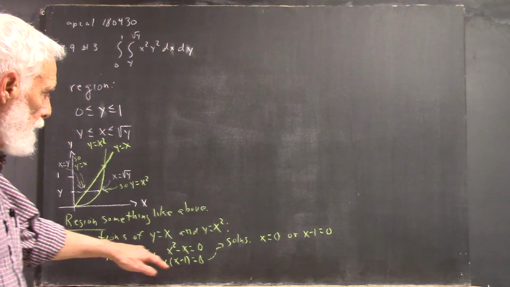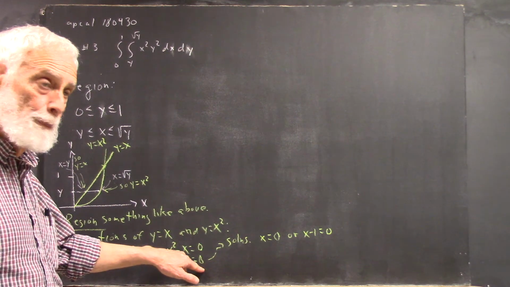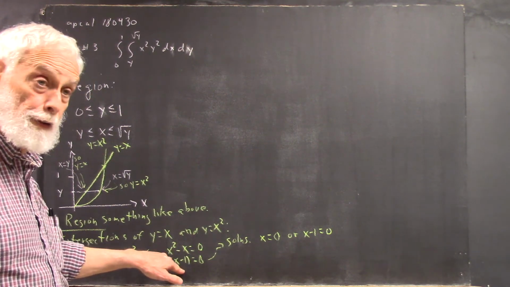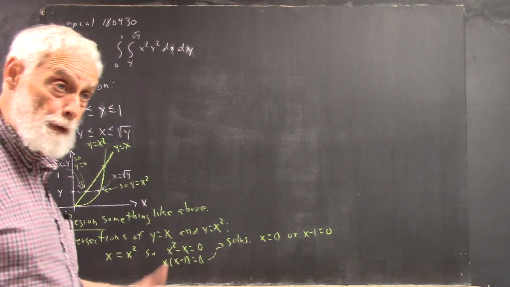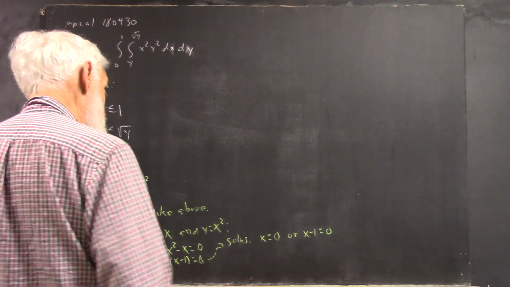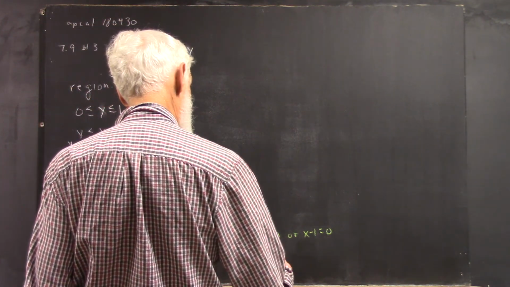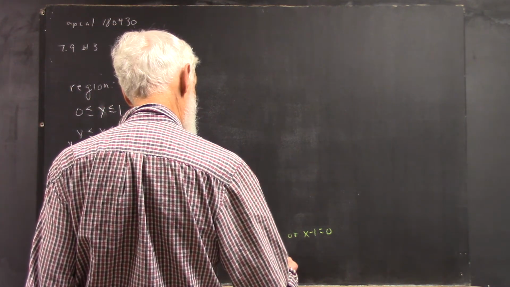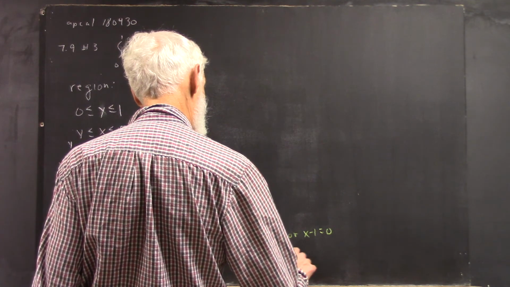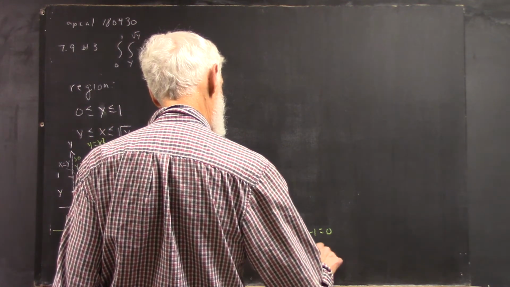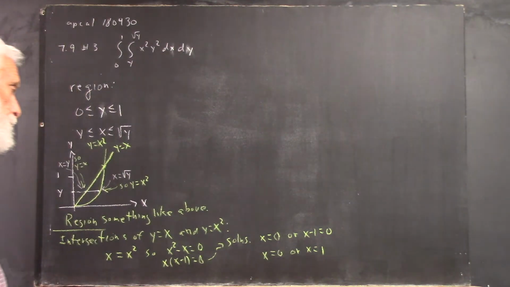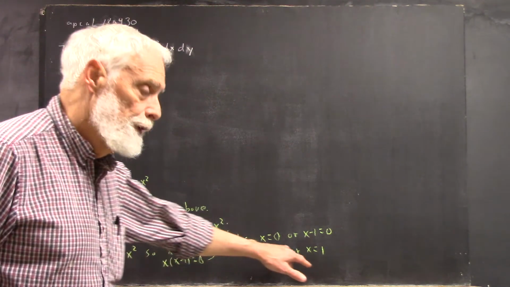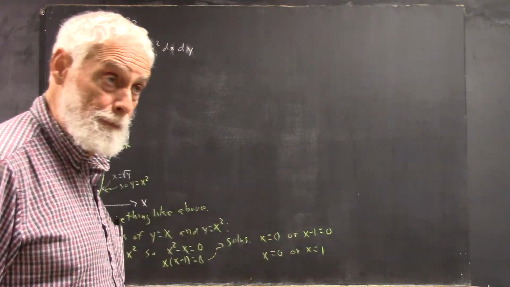Well, the only way this times this can be 0 is if either this is 0 or this is 0. It's the zero property of multiplication. Okay? So the solutions are x equals 0 and x equals 1. Okay?